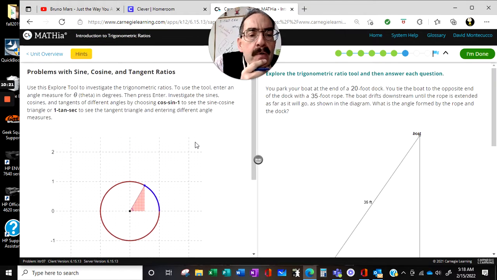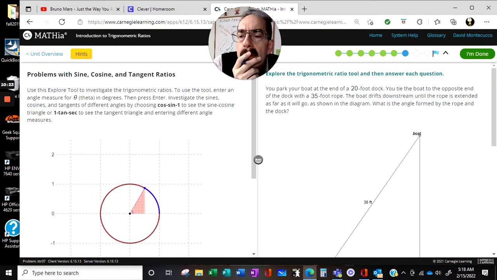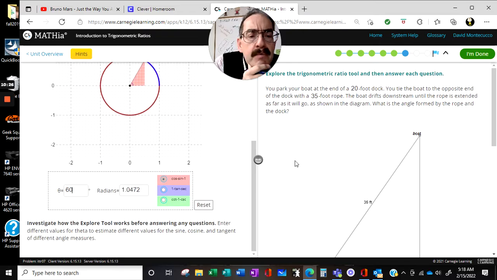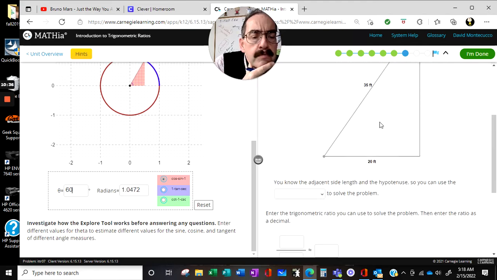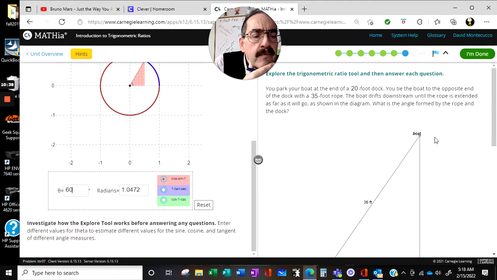Alright, so now, what are we flying? We've got a boat. You park your boat at the end of a 20-foot dock. You tie the boat with a 35-foot rope. The boat drifts downstream until the rope is extended as far as it will go.